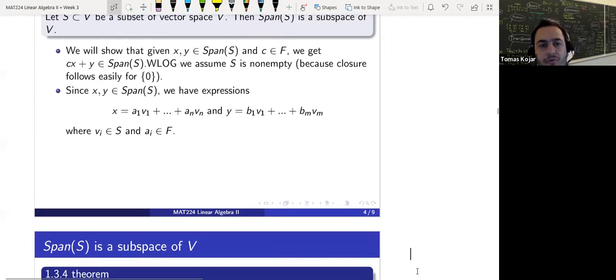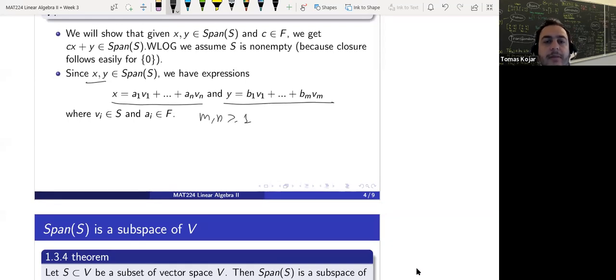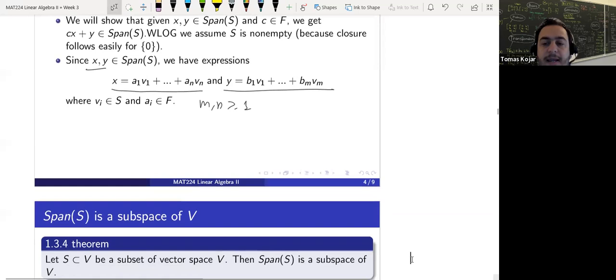Right, so let's show closure. You give me two elements, X and Y. Since they're in the span, they're linear combinations of the V guys, where n and m could be different. They don't have to be the same.